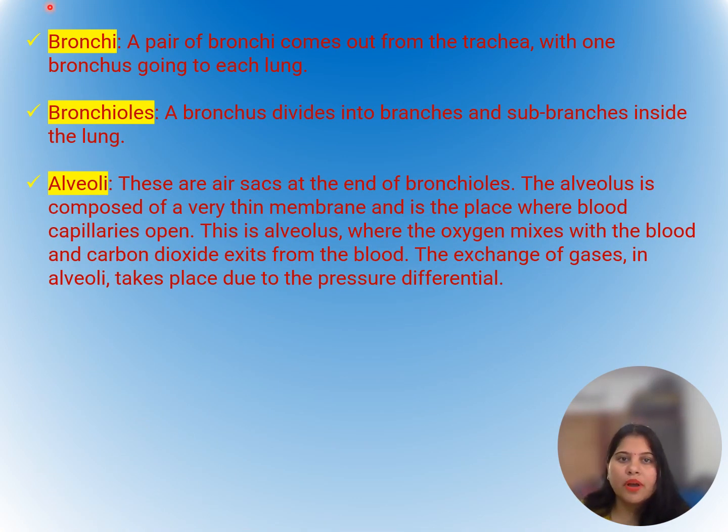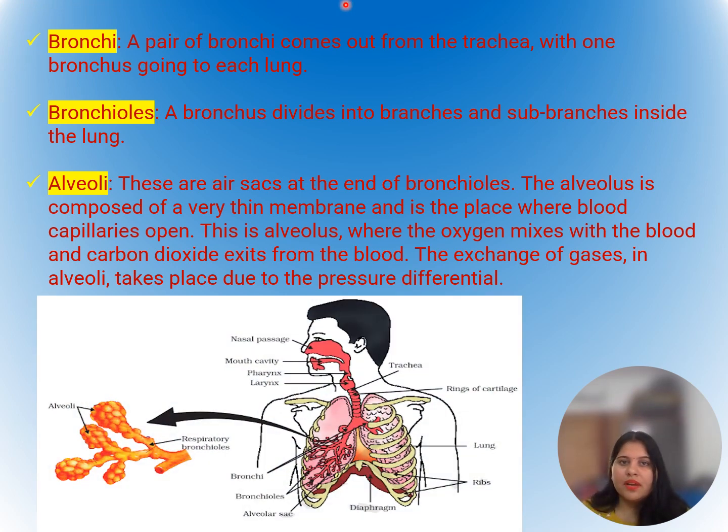Now bronchi. In the lungs there are bronchi. Bronchi come out from the trachea with one bronchus going to each lung. There is a pair of lungs, so the bronchi bifurcate into two bronchi, one going to each lung. Further, the bronchi bifurcate and subdivide into bronchioles.